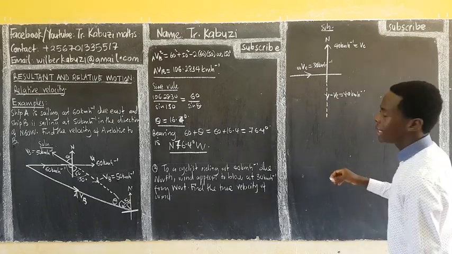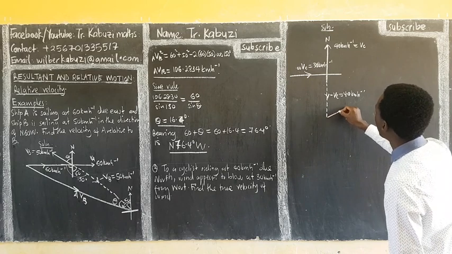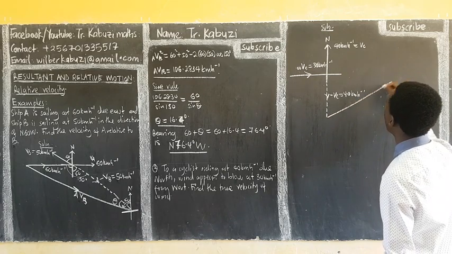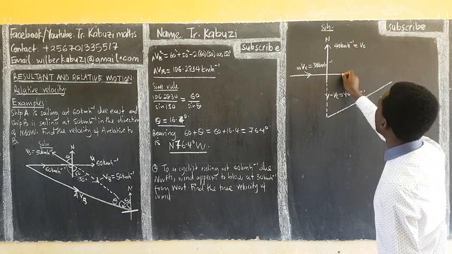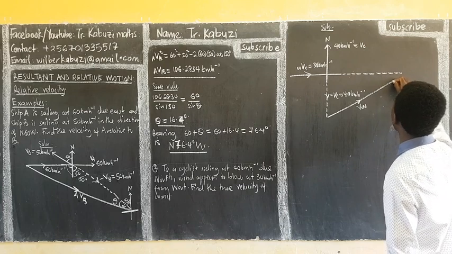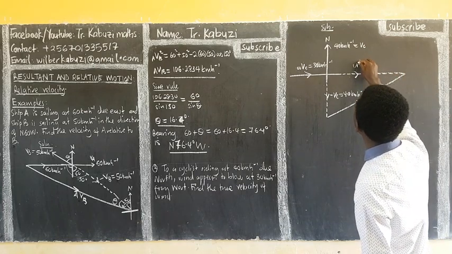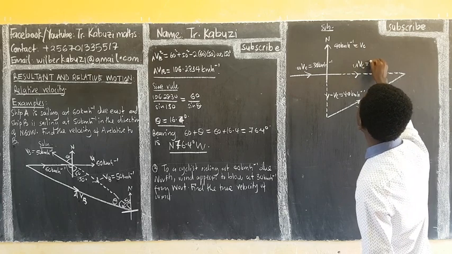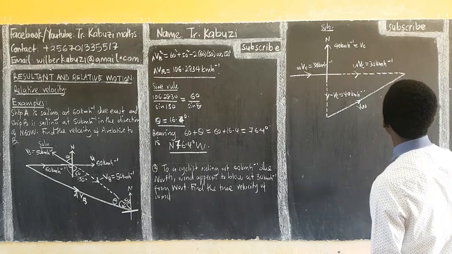Then after getting that negative, we shall add on the velocity of the wind, which will be the true velocity of the wind. But here, we shall be adding our relative velocity, W relative to the cyclist, which is 30 kilometers per hour.